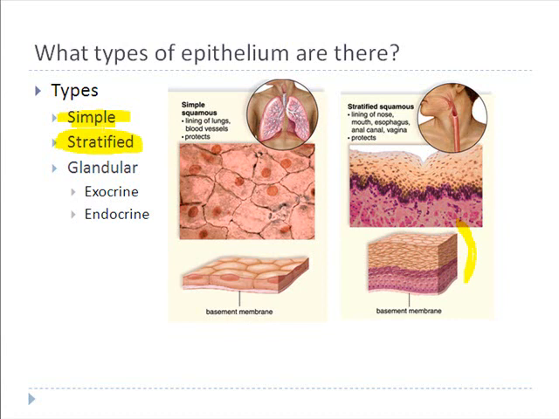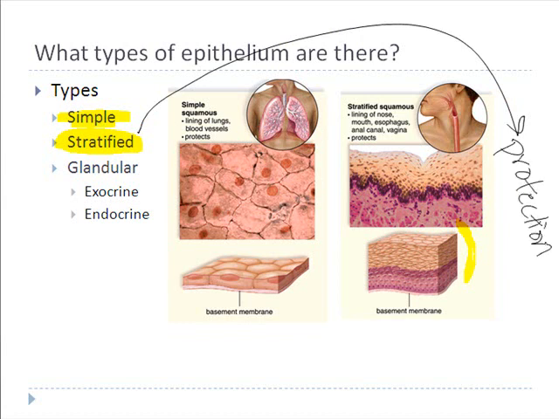And the functions of simple epithelium versus stratified epithelium go hand in hand with their appearance. The stratified epithelium is really good at things like protection. Having lots of thick layers means that if a few cells get damaged or sloughed off or rubbed off, it's not a big deal for the body because there's plenty more layers of epithelial cells underneath the ones that were lost.